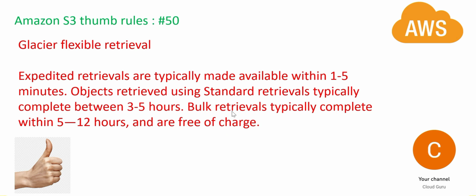Why are they giving it to you free of charge? Because they want you to use bulk retrievals. They don't want you to use expedited retrievals that frequently, because many times people just use expedited even though they don't have a need.